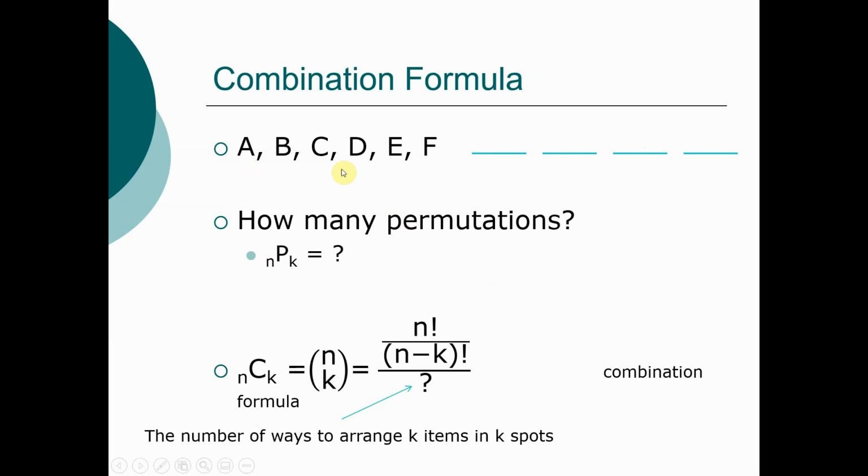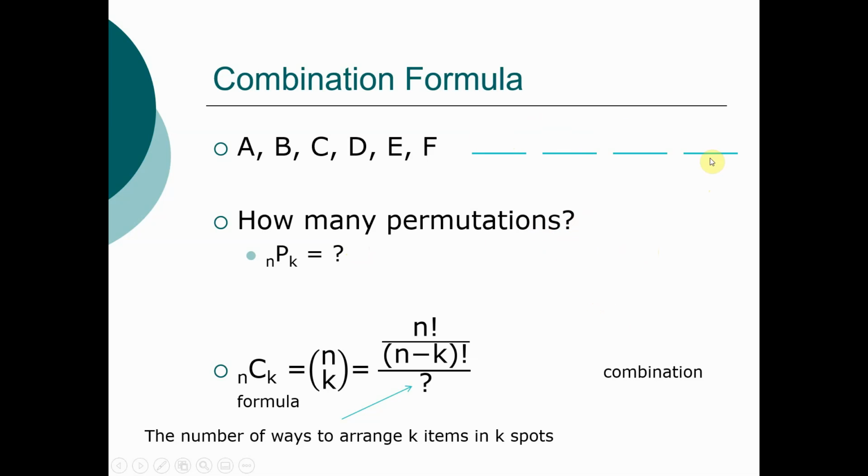So here, looking at this example, right, here we have 4 places for 6 different objects, right? N is 6, and in this case K is 4. The permutation would be 6 times 5 times 4 times 3, or 6 factorial divided by 2 factorial.